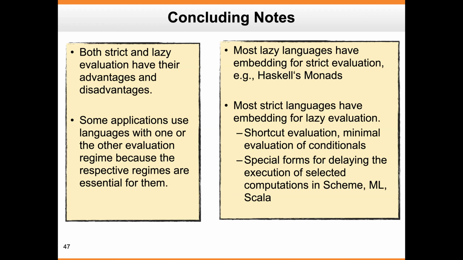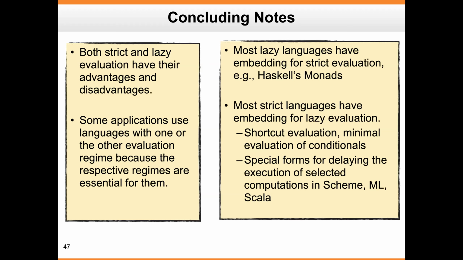In Haskell, I mentioned monads, but there is also an operator called seq, which prescribes the order in which instructions have to be evaluated. Let the programmer prescribe this order, tell the machine in which order the instructions should be executed.